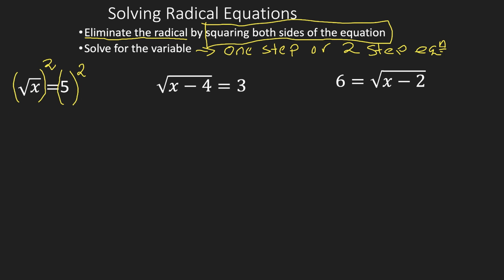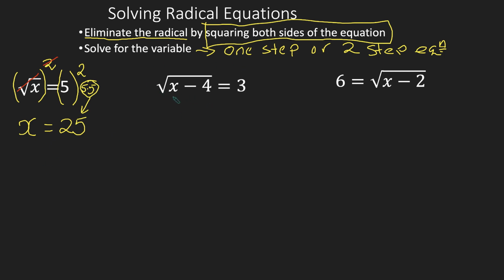Now by squaring both sides, the square cancels the square root. And that leaves you with just x, because that's what we want, equals, and if you square 5, you get 25. Because remember, 5 squared is just 5 times 5. And 5 times 5 is 25. And we're finished.